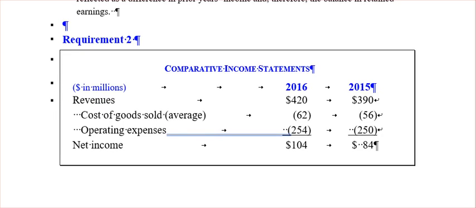Now, when you do your financial statements, you work through them, and I don't particularly like the way they've done this. I would probably put gross profit in there, and then go to operating, and then go to net income. But the second requirement is to do comparative income statements.